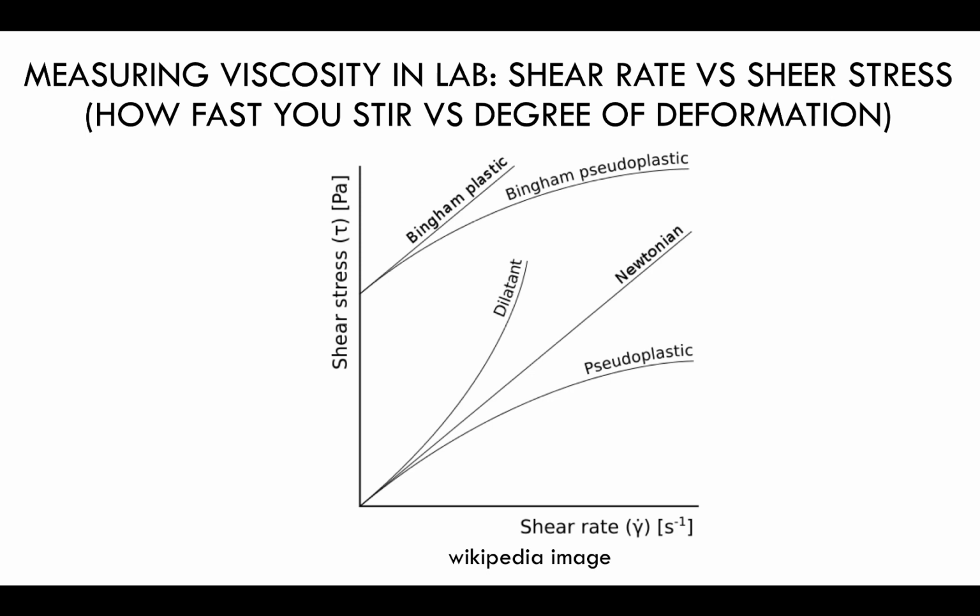Bingham pseudoplastics, again, have a yield stress, but once that yield stress is reached, we've put a certain amount of stress on them and they start to move, then the faster and faster we stir or get them to try to move, the easier it is, basically, the thinner that they become, but after that yield stress has passed. All right, so those are a couple of things that you'll encounter in lab.